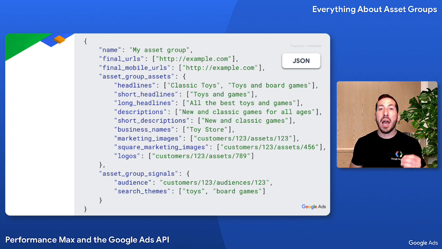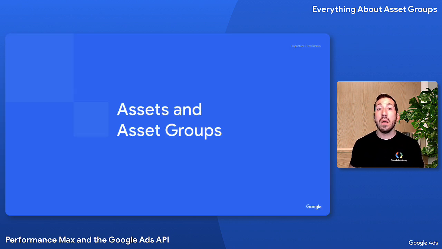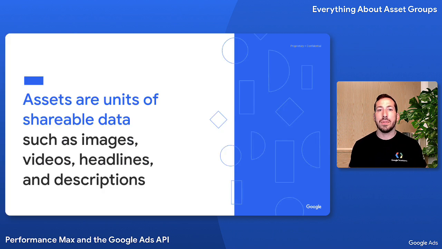And each item in each list is represented by a single resource in the Google Ads API. I'll get into more detail on each of these later. However, I thought this was a nice visual representation. For now, let's focus on assets and how they're attached to asset groups.